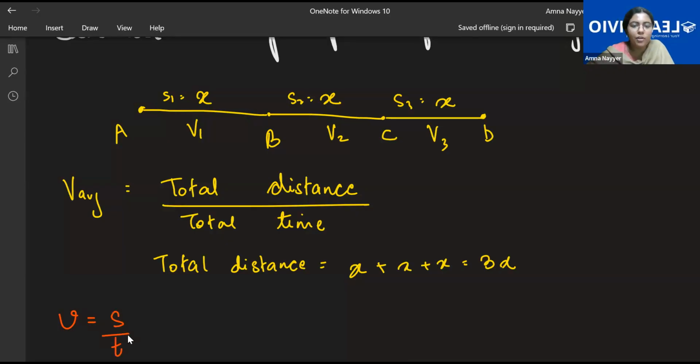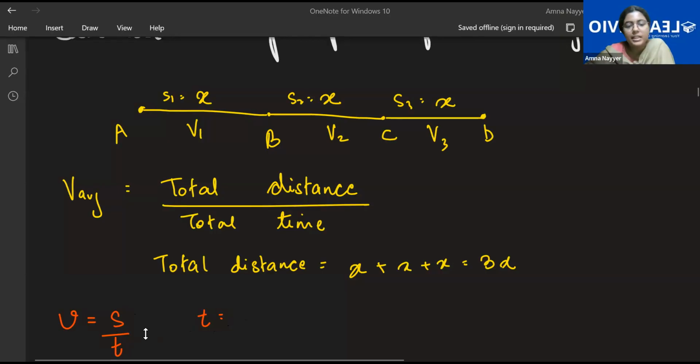So Mariam, you tell me from here, how can I write time? Distance by speed. Though we say speed with S, we have the symbol V for the speed.